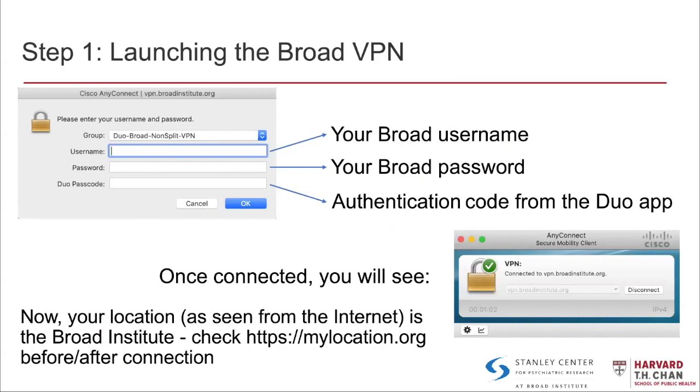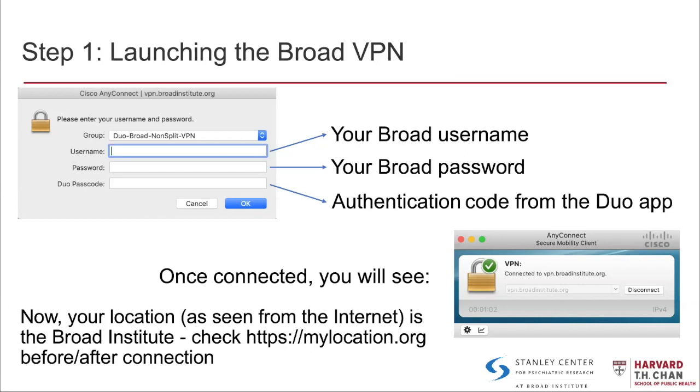Then you're going to have this window that will ask you three different things. The first thing is your Broad username, which is usually the first letter of your first name and your last name. For me, for example, it's sghazal because I'm Steven Ghazal. The second thing is your Broad password.